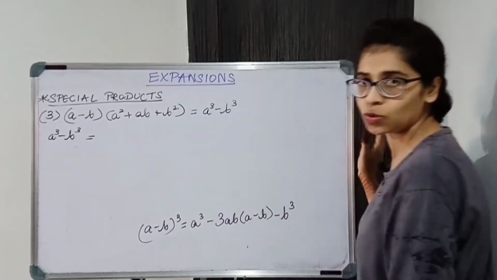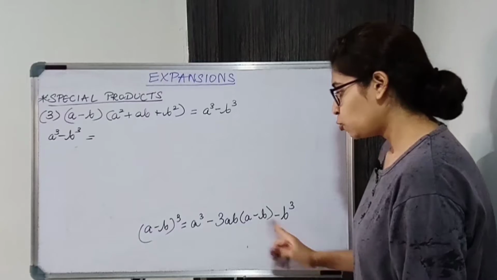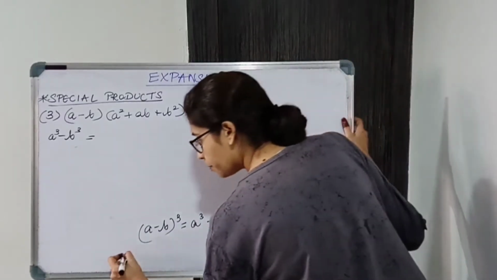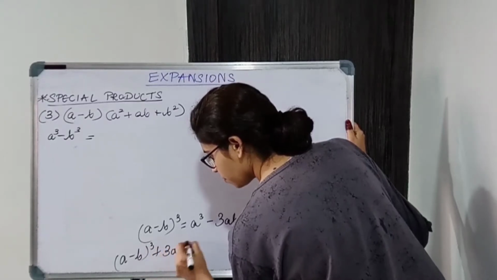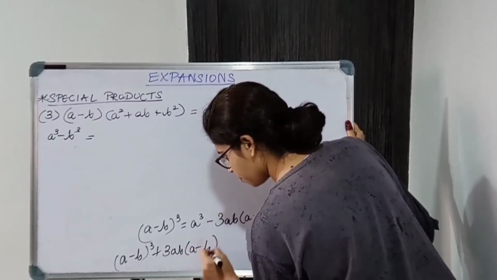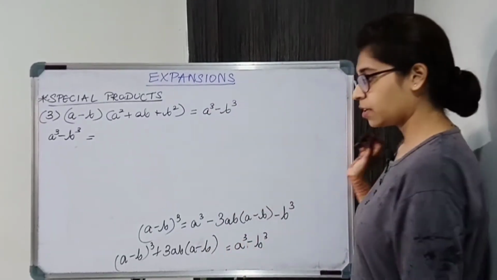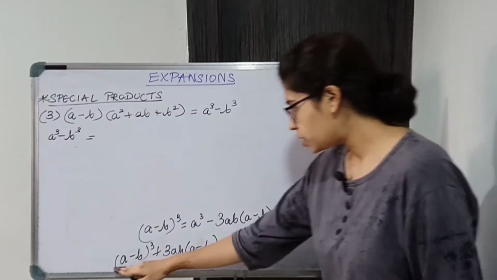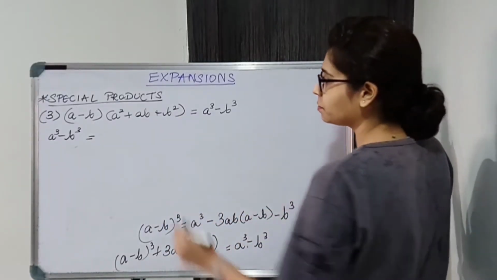Now I want a cube minus b cube, so I'll shift this to the other side. So a cube minus b cube is equal to this. So I'll write that over here.